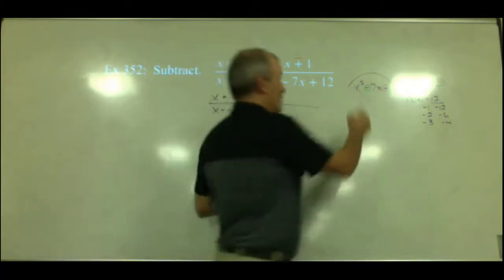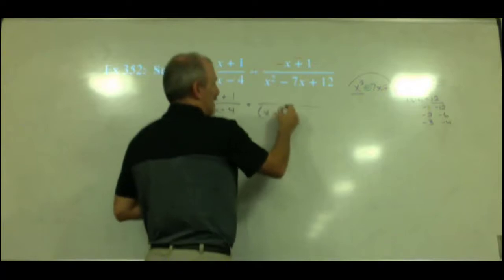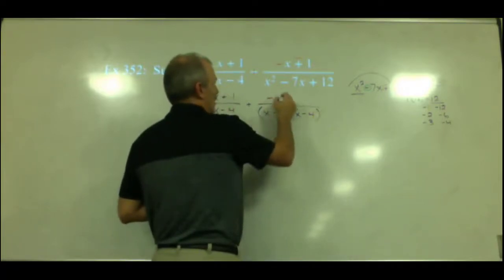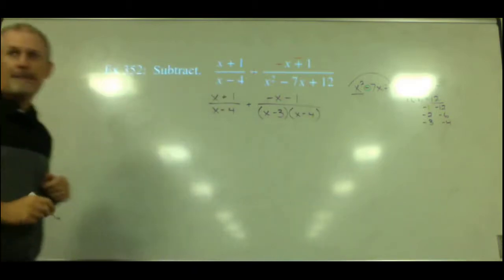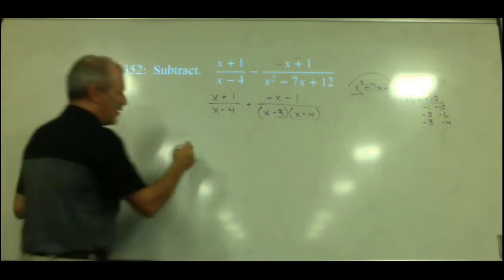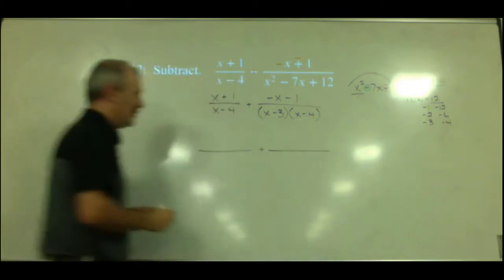Because it's just an x squared. So our factors will be x minus 3 and x minus 4. And the top we already know is x minus 1 over x minus 1. So now we want to get our common denominator.